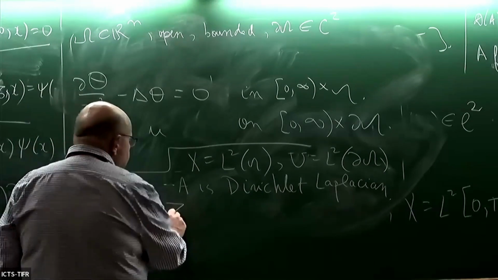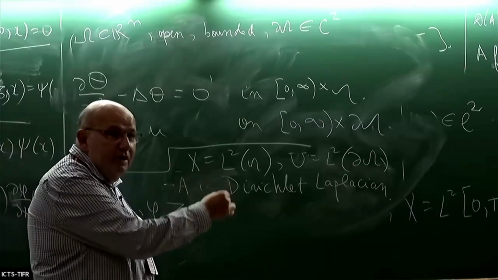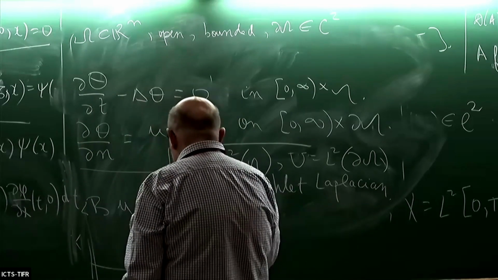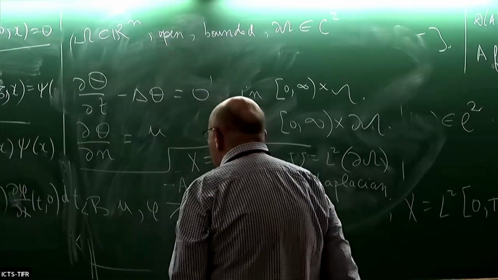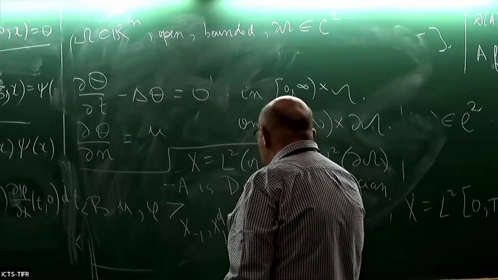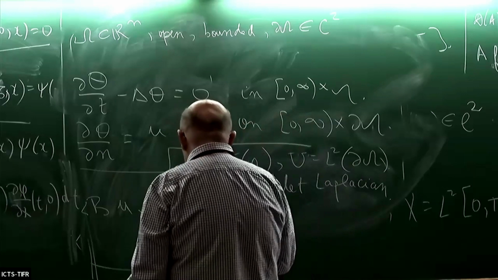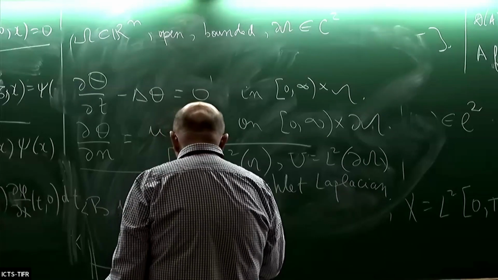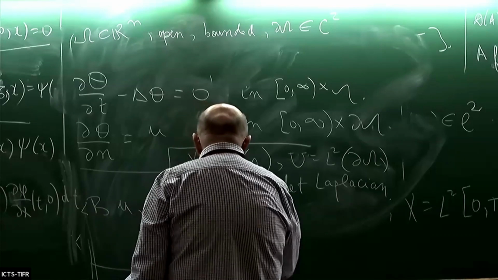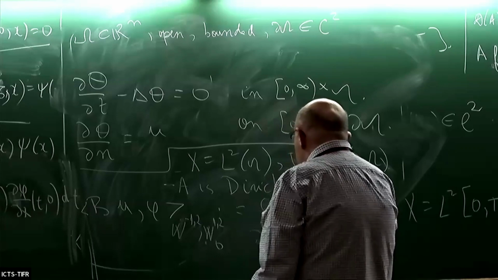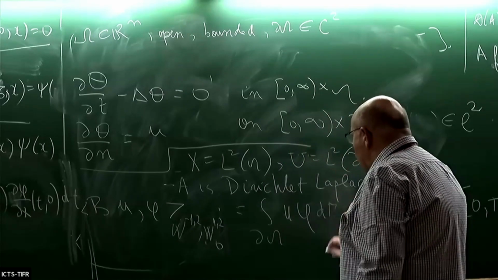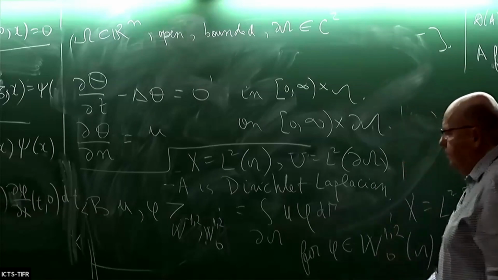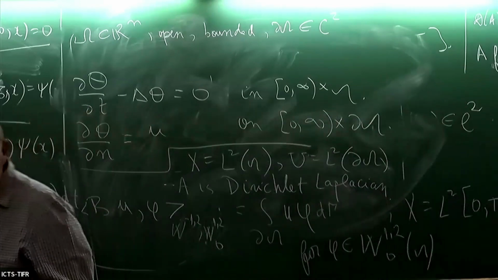B will not be with values in X, but Bu applied to phi, in the duality between W minus 1, 2 and W^1_0, is equal to the integral over the boundary of u phi d gamma, for every phi in W^1_0 of omega. So I define it by duality.